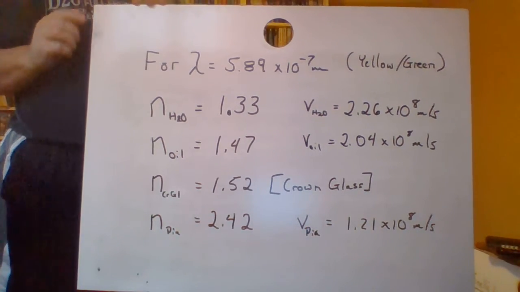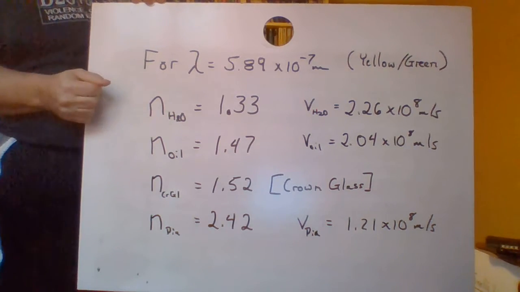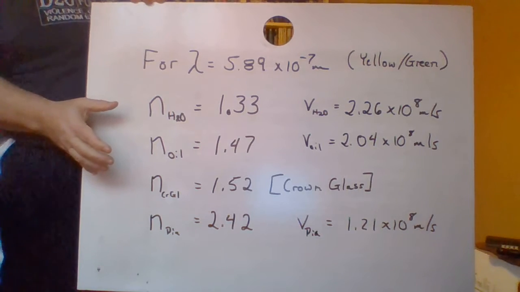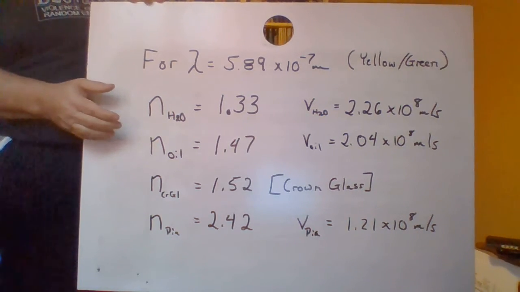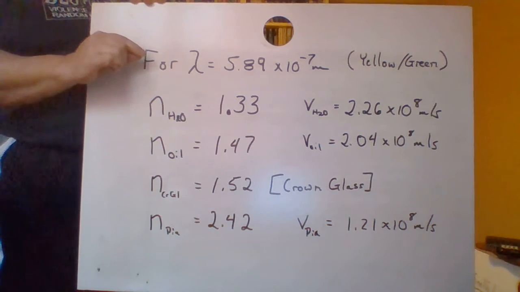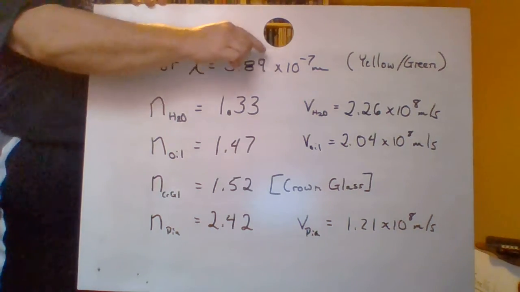All right. Now, if you get your reference tables out, on the same page that has the electromagnetic spectrum, on the bottom of the page is a table of absolute indices of refraction. And you'll notice at the top of the table it says for f equals 5.09 times 10 to the 14 hertz.